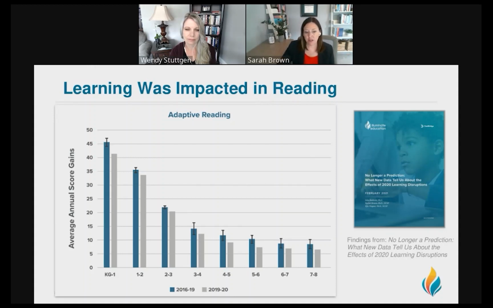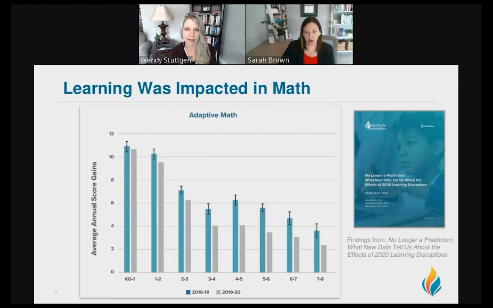You can see here, there's a difference in the growth seen from fall to fall across all grade levels. There are differences between grade levels, but all grade levels did see a significantly lower gain from fall to fall in 19-20 than in the 3 previous years. We can explore those same data for math, and you'll see the same thing.